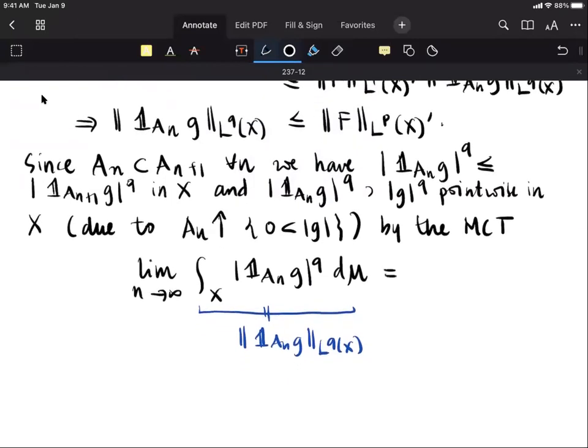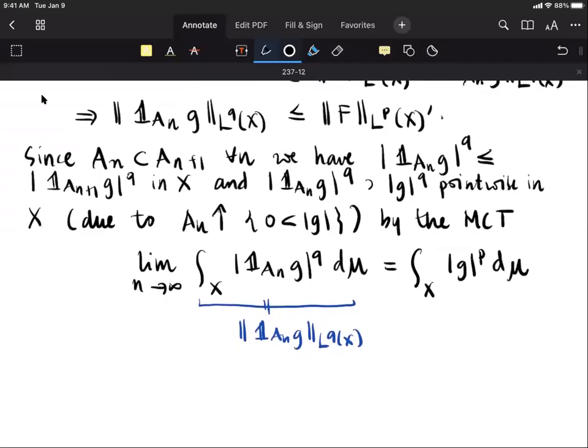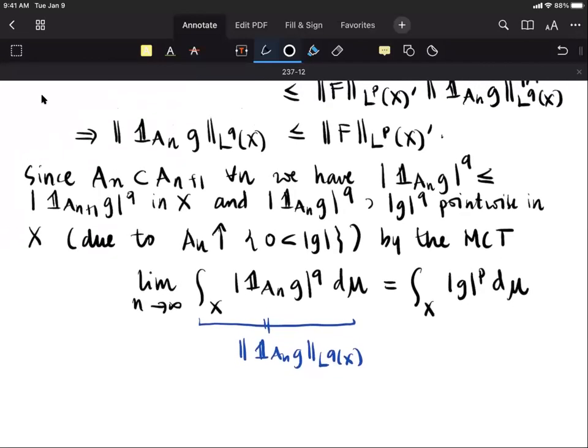The monotone convergence theorem implies that this is equal to this one. So by the monotone convergence theorem, we have this.